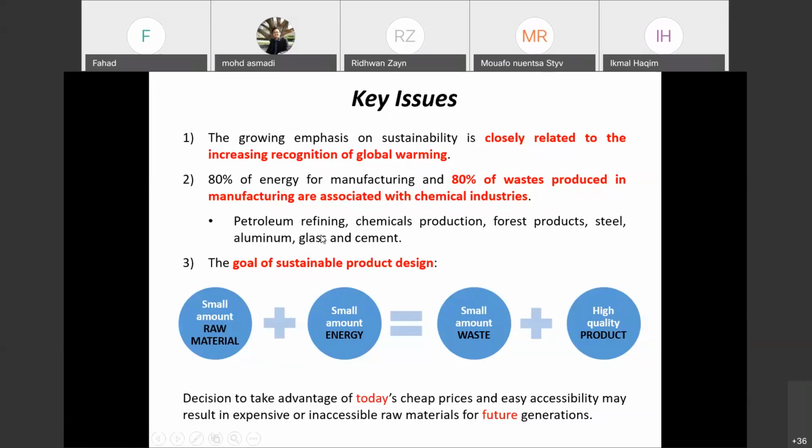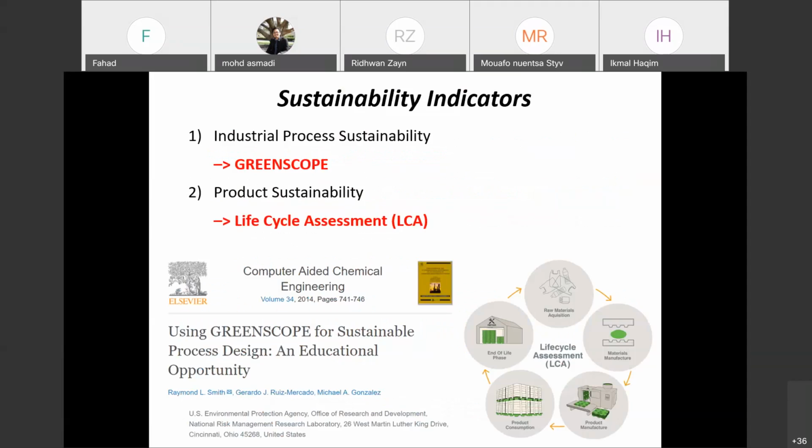So in an attempt to design more sustainable industrial processes, we should not compromise the ability of future generations to meet their needs. Actually, there is a sustainability indicator. There are two types of sustainability indicators. For industrial process sustainability, it is GREENSCOPE.